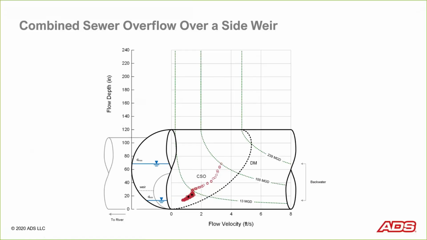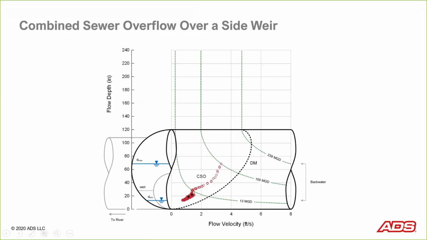So we get a clearer picture of the side weir in operation when we overlay some additional elements about the CSO regulator. So I mentioned this is a 120-inch diameter sewer funneling flow down into a 54-inch diameter sewer. But long before that pipe gets full, we actually start to overflow over a side weir that's at roughly 30 inches.